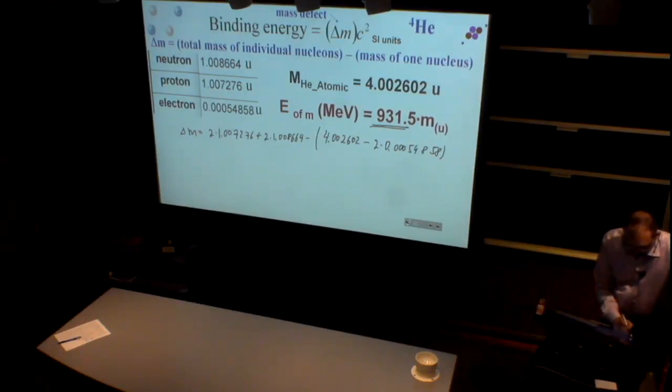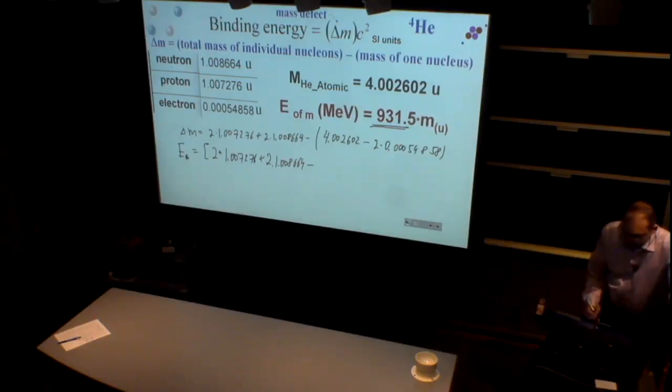So the binding energy will be equal to, whatever it is, 2 times 1.007276 plus 2 times 1.008664 minus. Now, too many parentheses. So first of all, for electron mass, a minus and a minus, what does it make it? A plus. 2 electrons, 0.0054858.